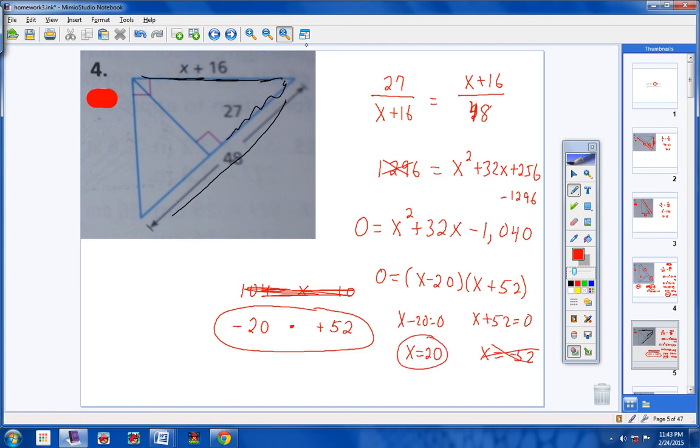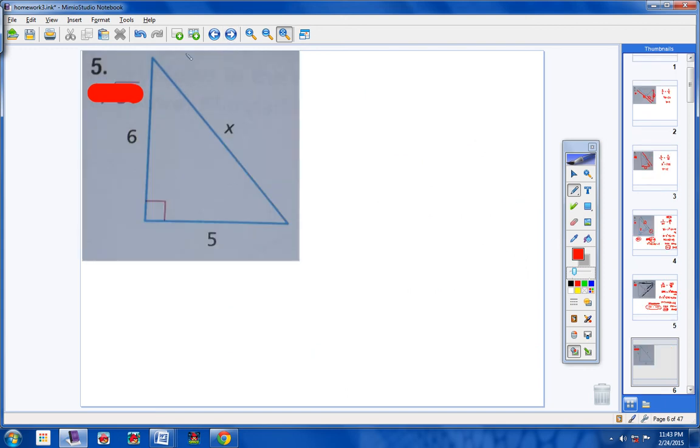Alright, numbers 5 through 8, we're just using Pythagorean's theorem, and it says to write your answer in radical form. So these should be pretty easy, guys, okay? Anytime you have a right triangle and you know two sides, you can find the third side by using Pythagorean's theorem. So Pythagorean's theorem, of course, is leg squared plus leg squared equals hypotenuse squared, okay?